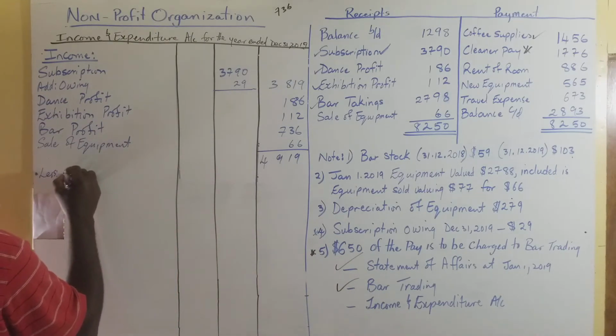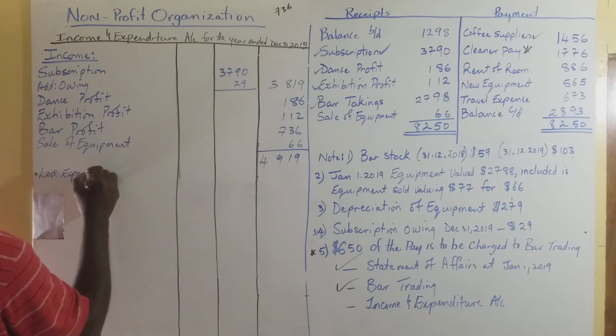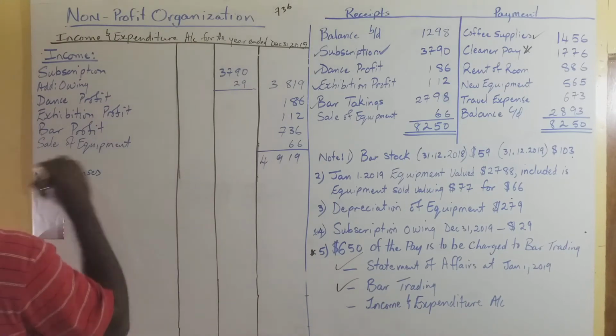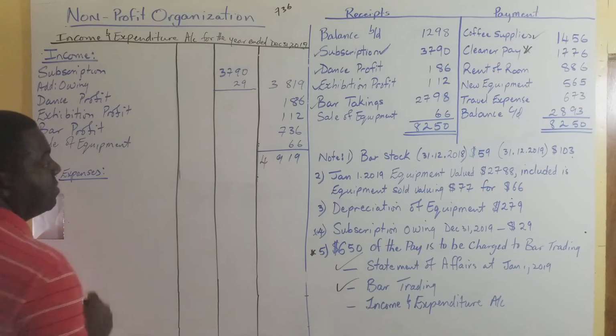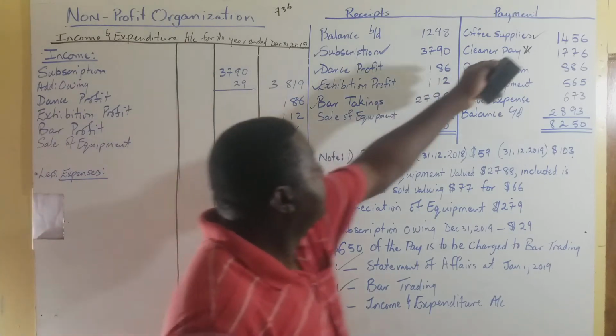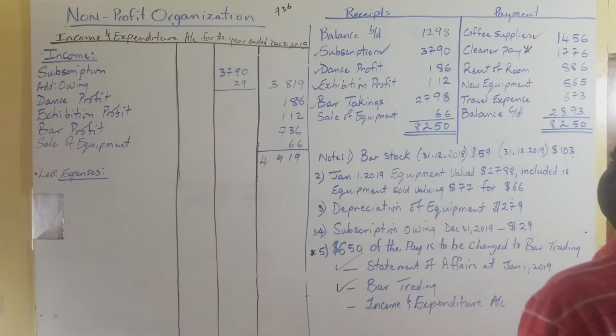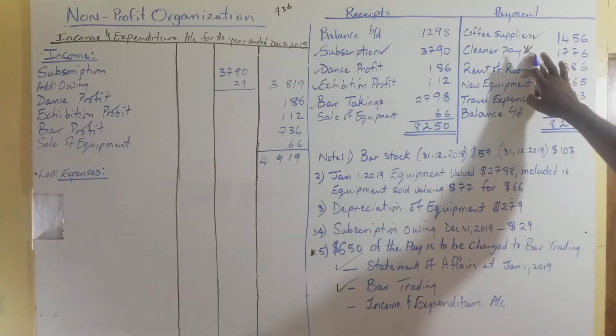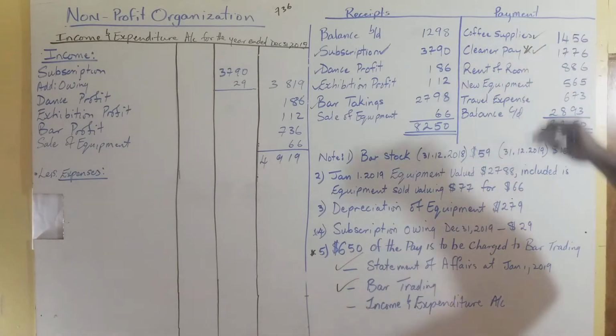We are now going to be subtracting the expenses or the expenditure. Let's commence with that now. We go to the payment side to identify the expenses that we had, starting with the cleaning.